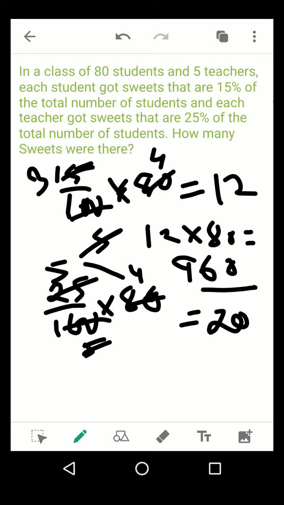Each teacher got 20 sweets. So 5 teachers are there into 20, that is 100 sweets are distributed among the teachers.